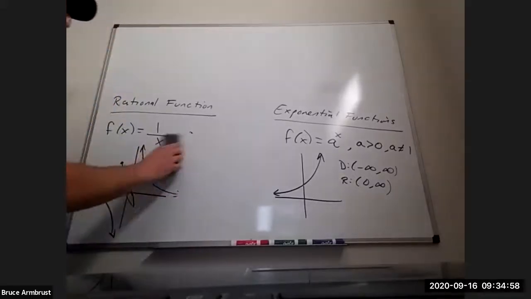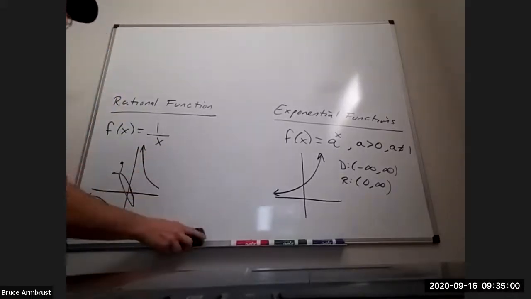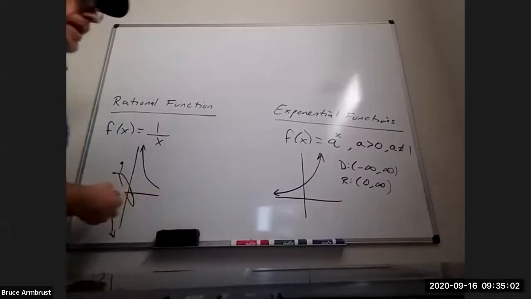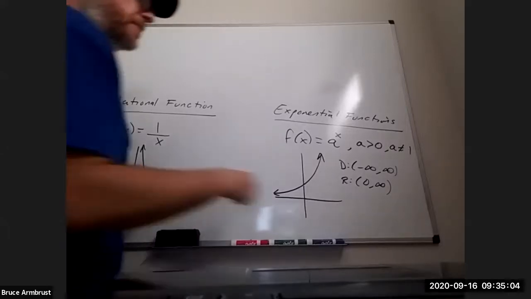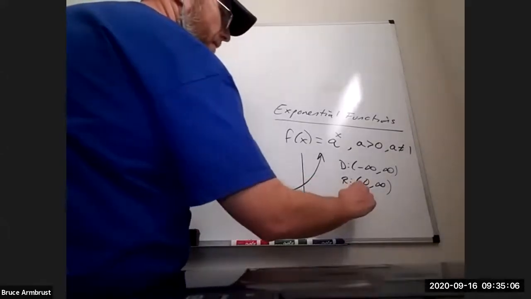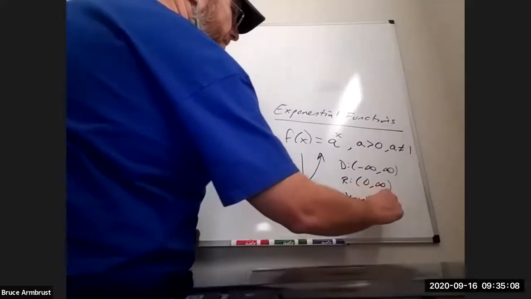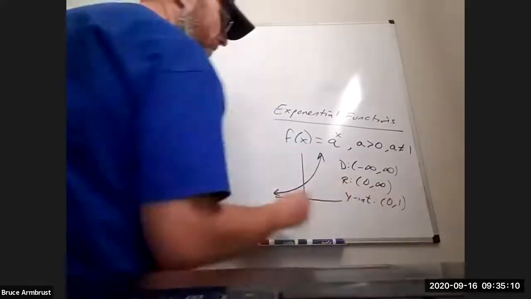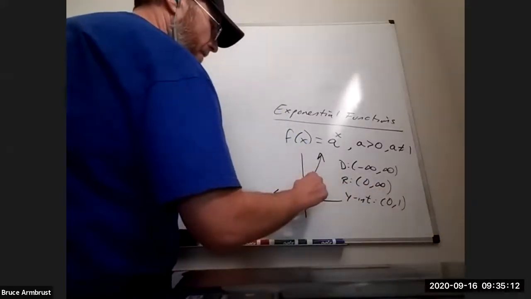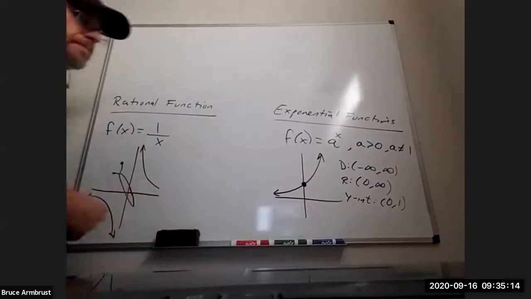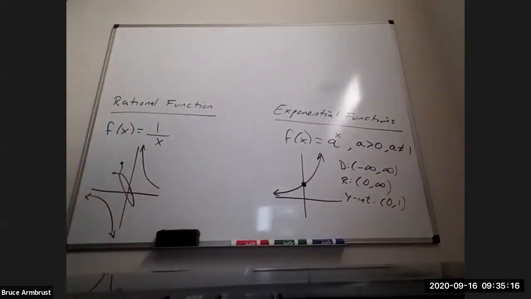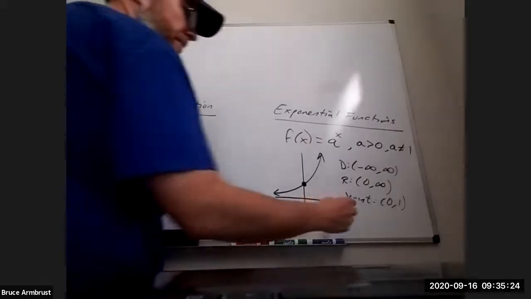In terms of intercepts, the y-intercept is always (0, 1), because any number raised to the 0 power is equal to 1. And then there are no x-intercepts.